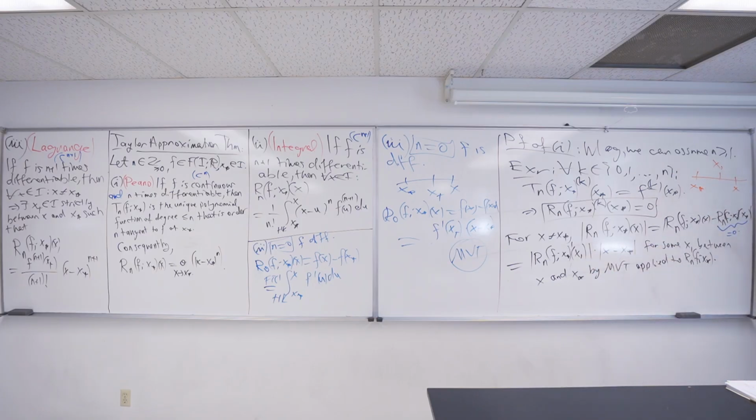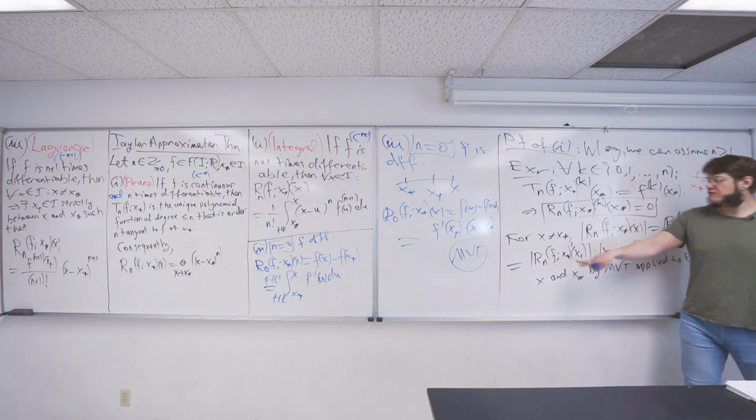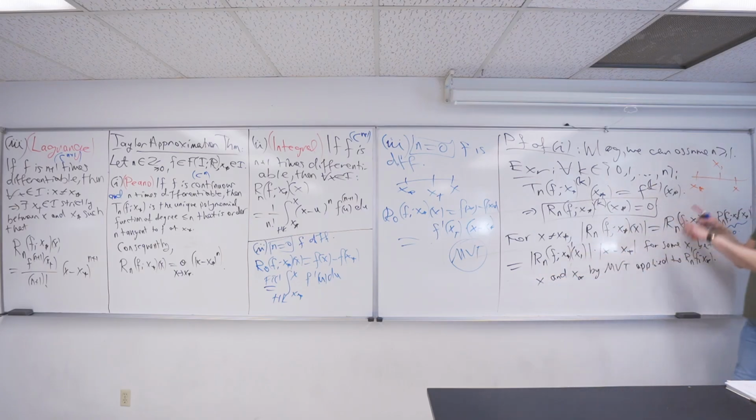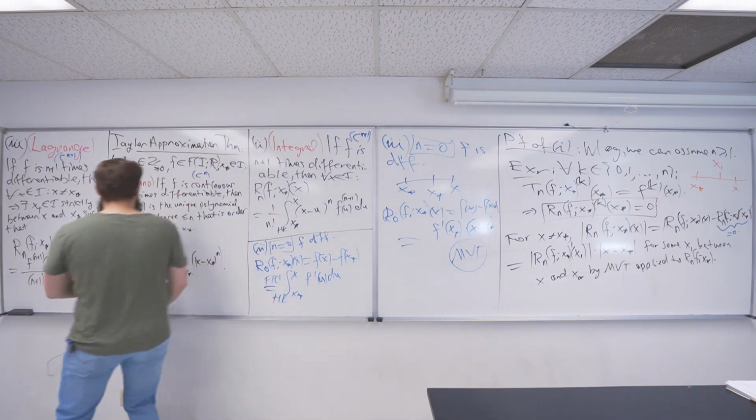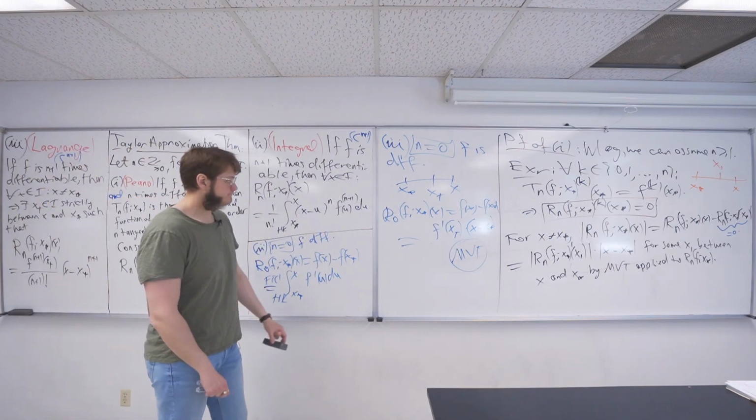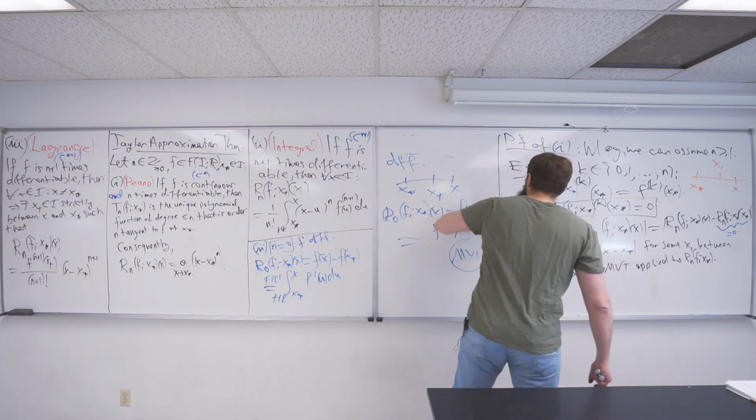I just apply the mean value theorem. Okay? Now I'm going to keep going. Now I'm going to apply the mean value theorem to the first derivative of the nth remainder between these 2 points. That's going to give me another point, and so on. I'm going to keep going. That's the idea. Write it here.